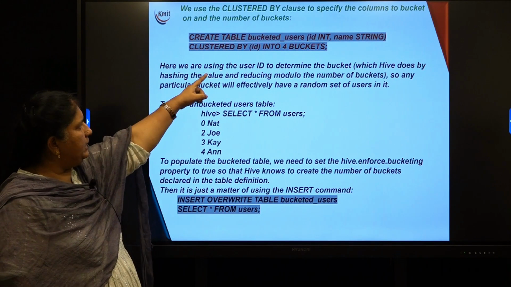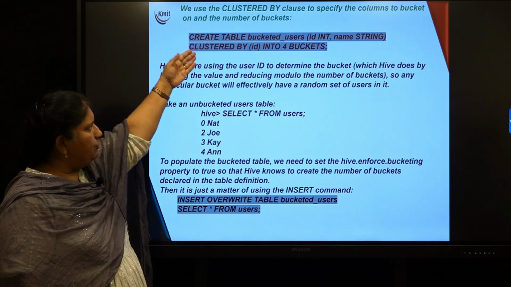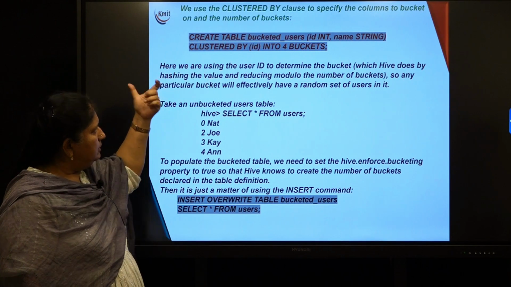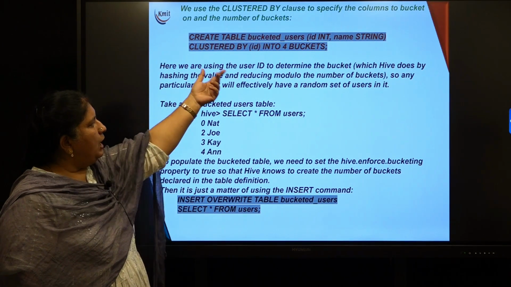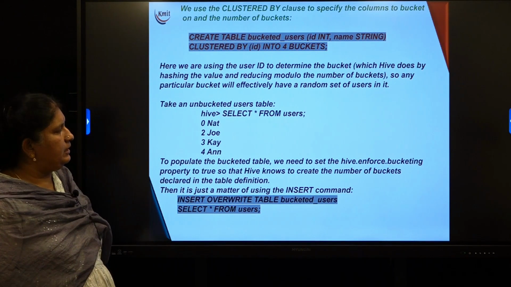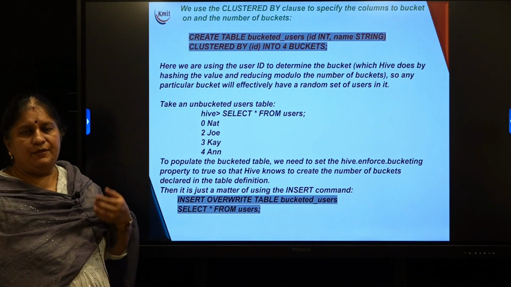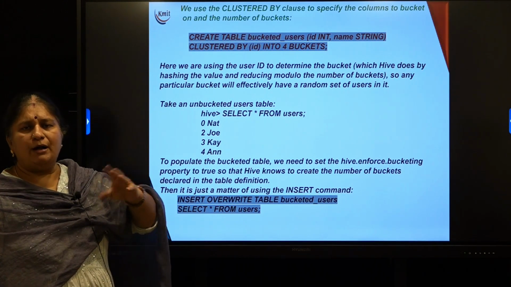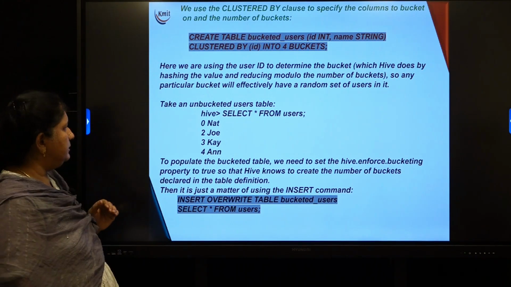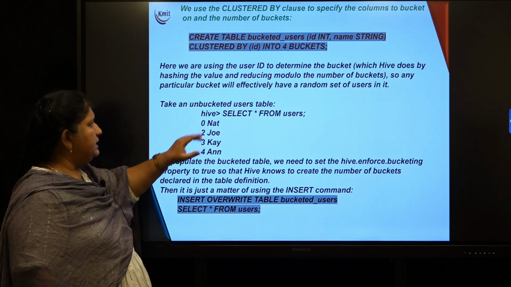So what is the bucketing column here? ID. The ID of the user should be used as the clustering item or the bucketing ID. And into how many buckets are we dividing the data? 4 buckets. If there are 20 records in the file, every record will be part of one or the other bucket, right?